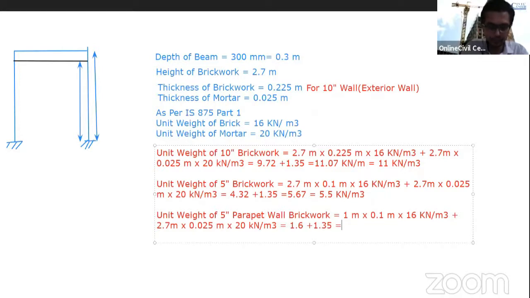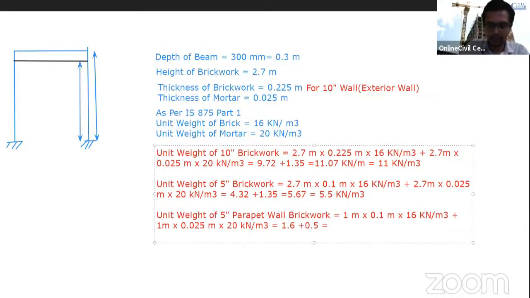Actually, the plaster will also be 1 meter, so this value will be lesser. It will not be 1.35. It will be 1 into 0.025 into 20, so this value will be 0.5.